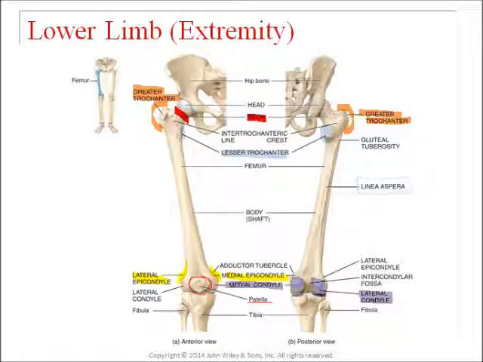It will also have a greater trochanter in orange and a lesser trochanter in blue. Again, like the humerus that you've already learned, the femur will also have a body or shaft. On the posterior side of the body of the femur, we have a large, very visible line called the linea aspera.